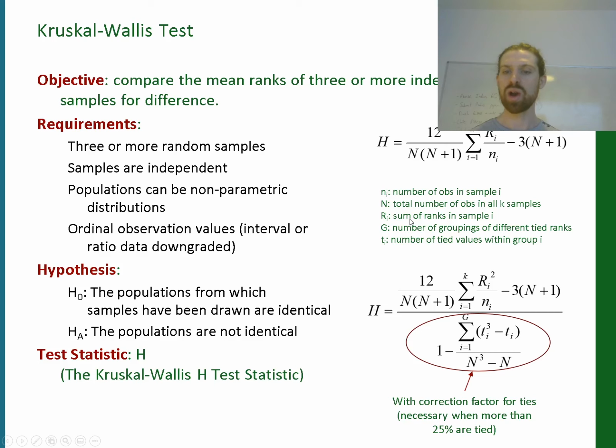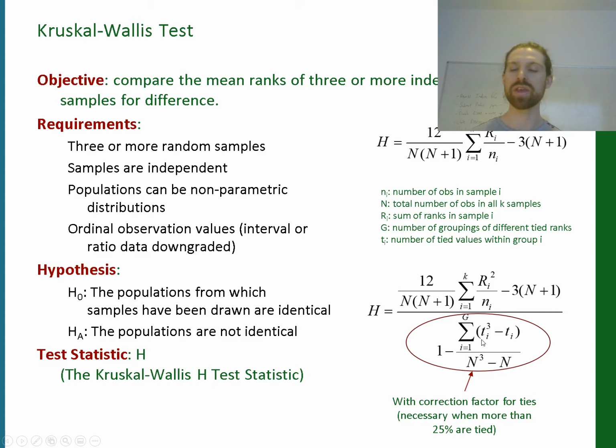So it's the squared value of the sum of the ranks, divided by n_i, the number of observations in the sample, and then subtract 3 times the number of observations plus 1, okay? So we're going to go through this when we get into the laboratory. I'm not going to go into too much detail about this equation here, but if you need a correction factor because we've got ties, then you can add this numerator on, and it makes it even more difficult, but not to worry.